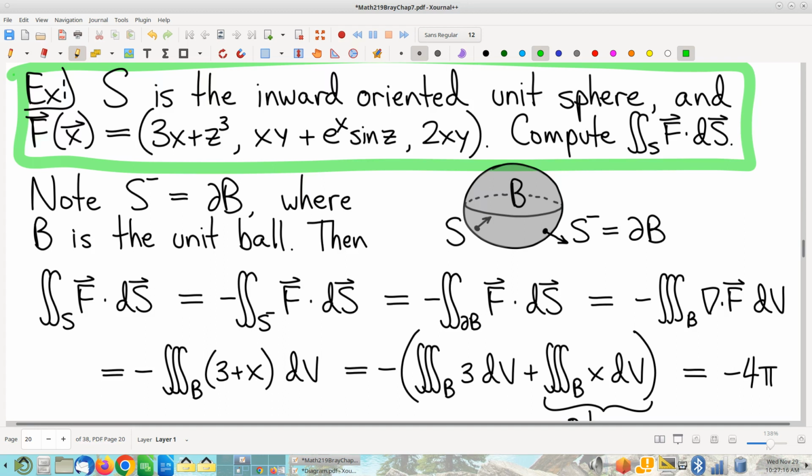Now, at a quick glance, you could, I suppose, take a plug and chug approach: parameterize the sphere and plug in the vector field, pull back through the parameterization and all that jazz, right? You could totally do that. I really don't advise it, right? On this example, that would be a nightmare of ugliness. For example, keep in mind, when you parameterize the unit sphere, x, y, and z get chock full of trig.